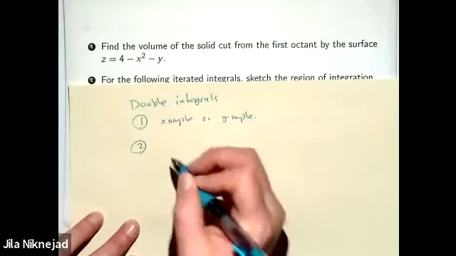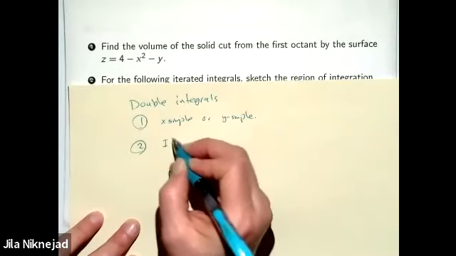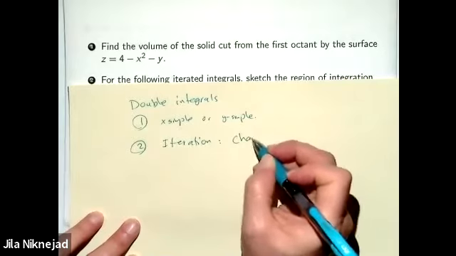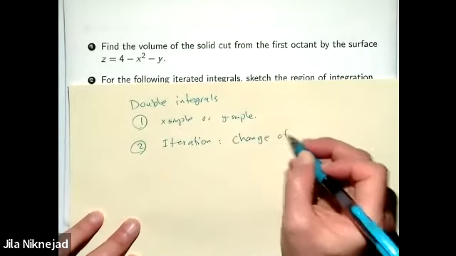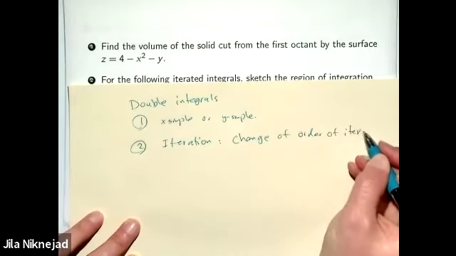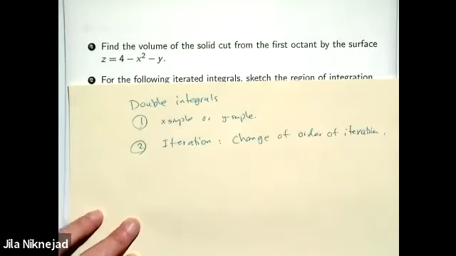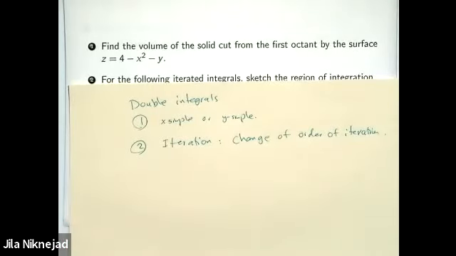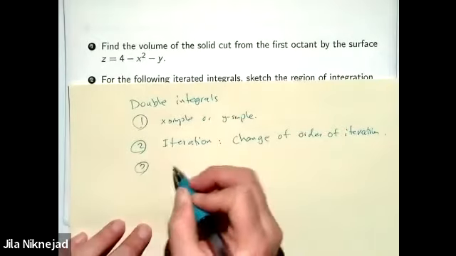Two is the iteration, that's change of order of iteration. Then it's just solving the double integral. And so when you get this, you're solving the integrals.